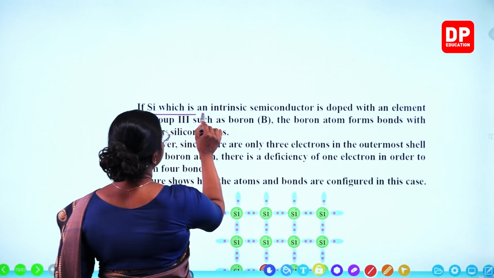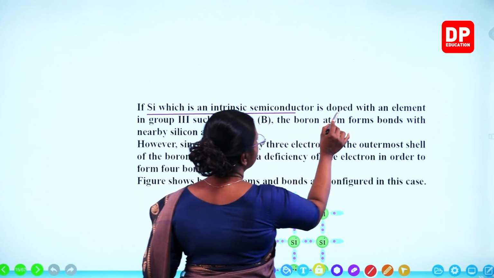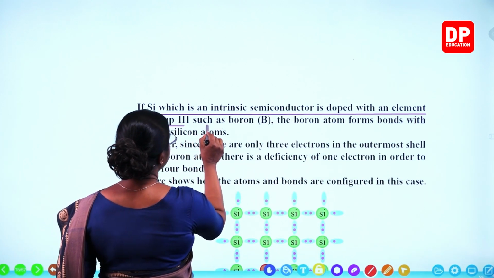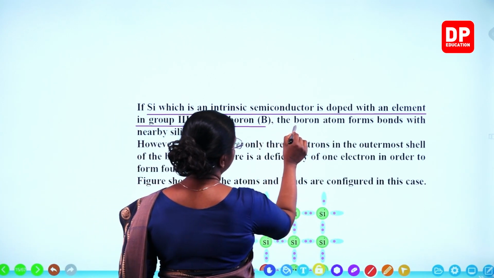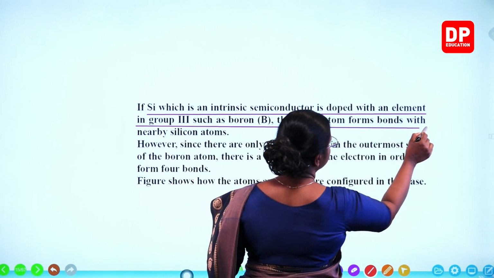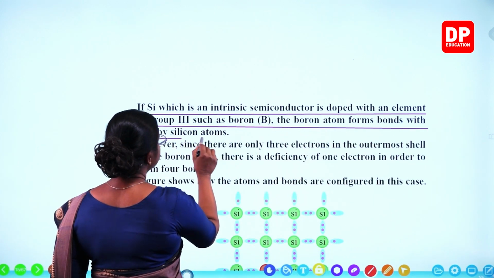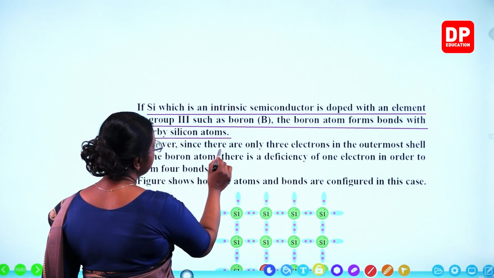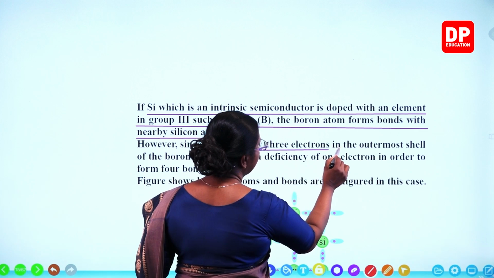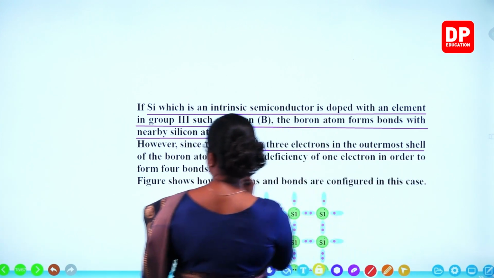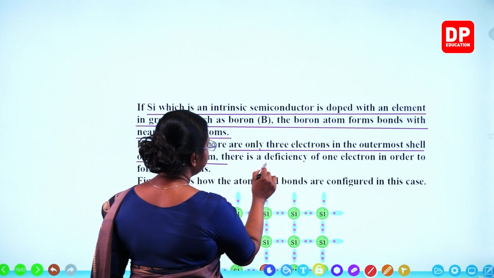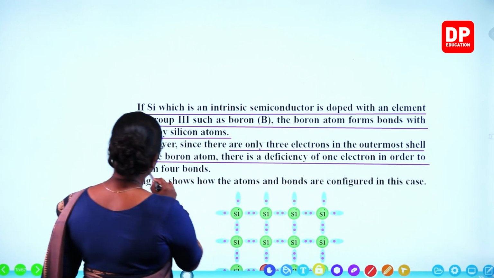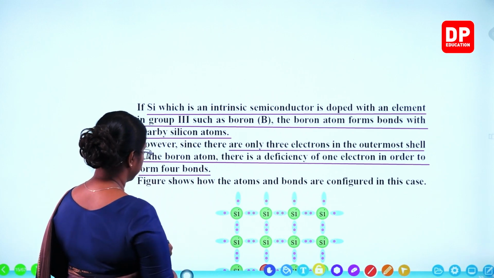However, since there are only 3 electrons in the outermost shell of the boron atom, there is a deficiency of 1 electron in order to form 4 bonds.